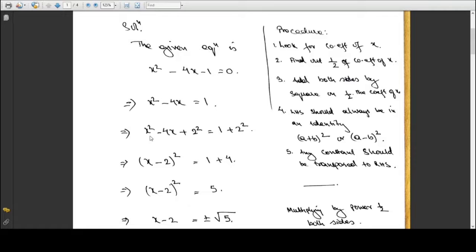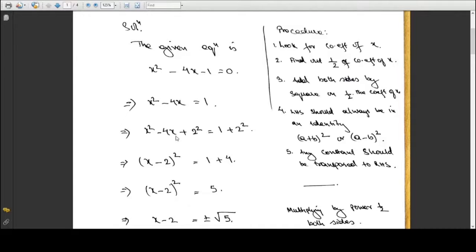Now if you look at the left side, it has the identity of a squared minus 2ab plus b squared. Suppose you write this middle term in the form 2ab. Twice a is 1 and b is 2. What will you get?